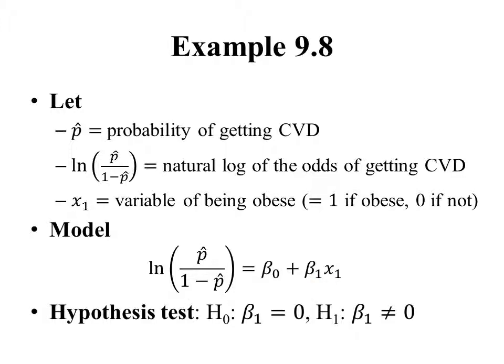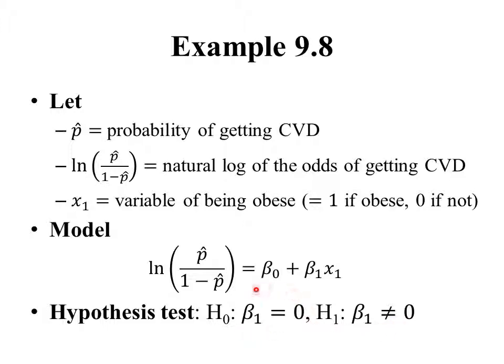Okay. Now, when we do logistic regression, we're going to be able to do a hypothesis test on the value of this coefficient. And the hypothesis test is going to be very similar to what we did with linear regression. The null hypothesis is that the coefficient equals 0, and the alternative is that the coefficient does not equal 0.